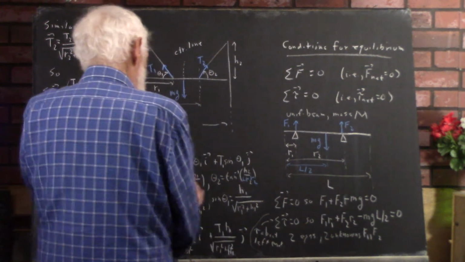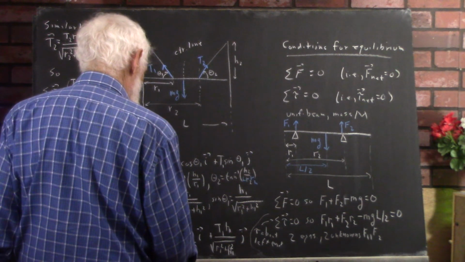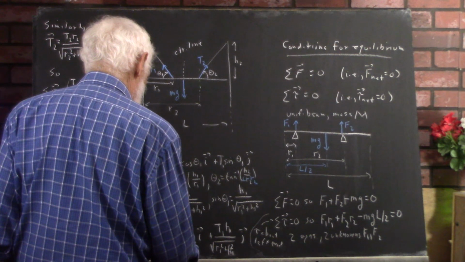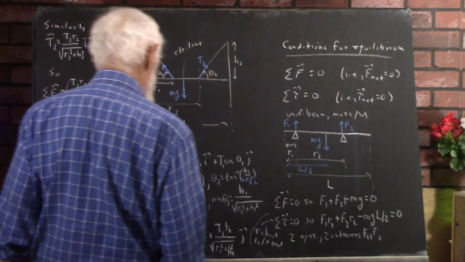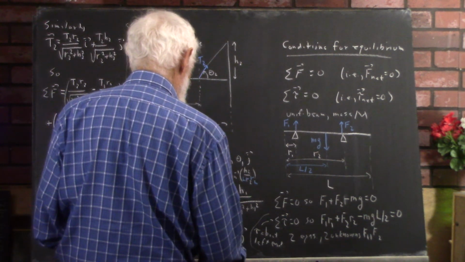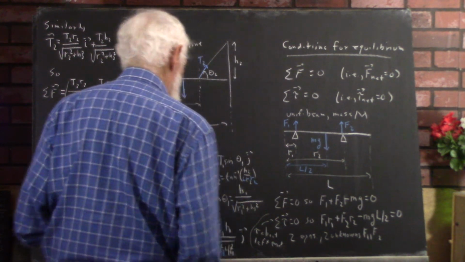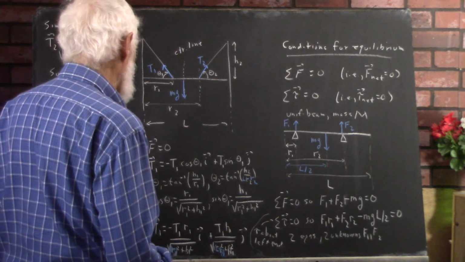And down here where I have R2s in my denominator, these have to be L minus R2, and this should be R2 here. Okay, so those are going to be a little hard to read.